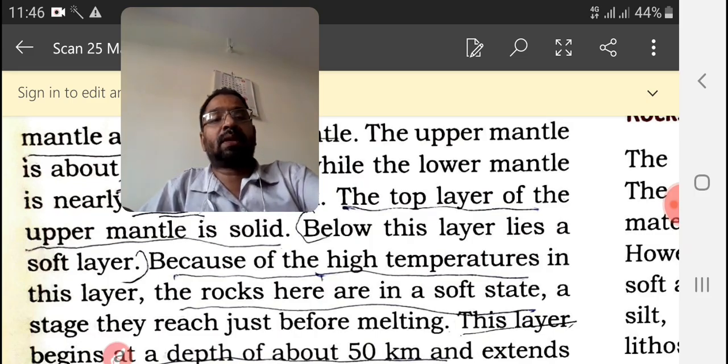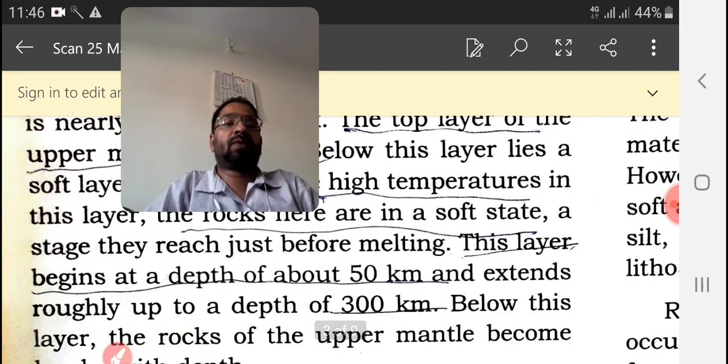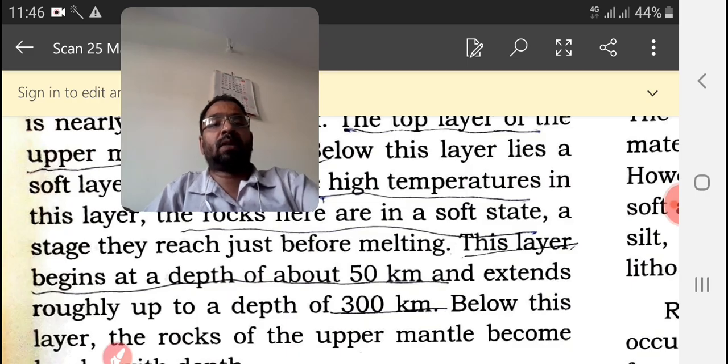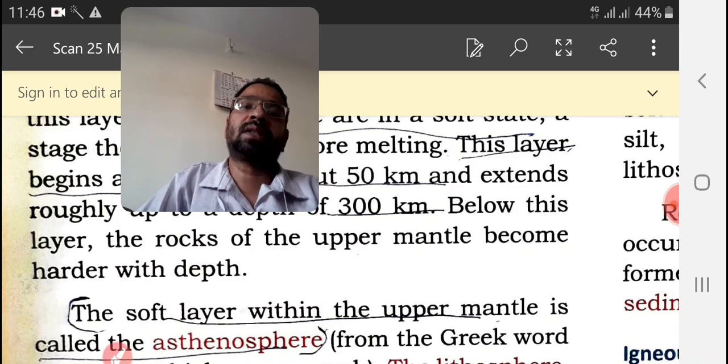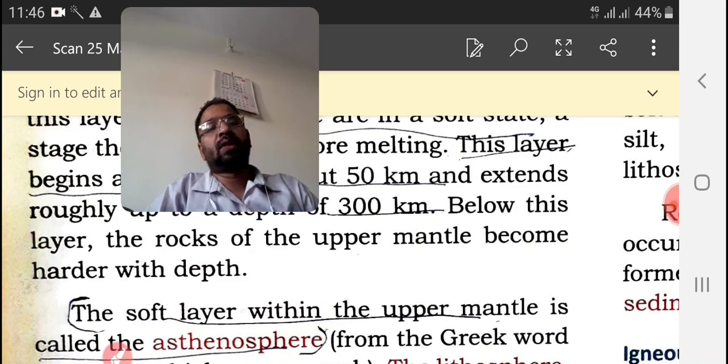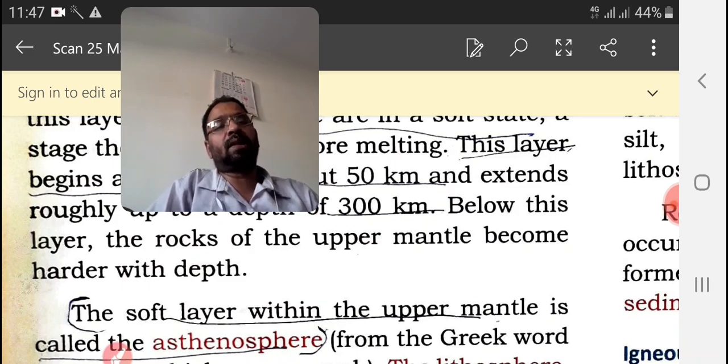This layer begins at a depth of about 50 kilometer and extends roughly 300 kilometer. Below this layer the rocks of the upper mantle become harder with depth. After that it is very hard. So the soft layer within the upper mantle is called the asthenosphere.